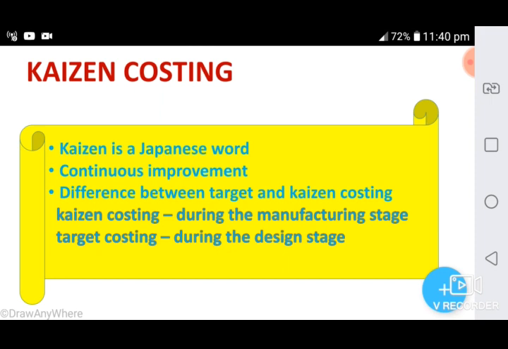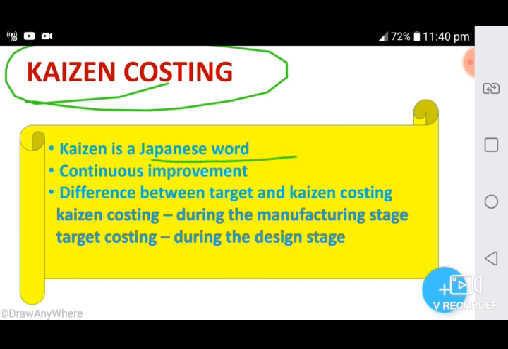Next costing, Kaizen costing. The word Kaizen is a Japanese word which means continuous improvement. It is a cost reduction system. In simple words, it is a practical approach to solving cost related problems to improve the overall efficiency of the organization.